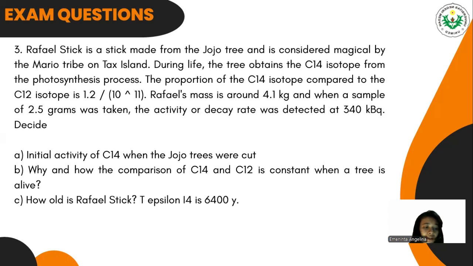B. Why and how the comparison of C-14 and C-12 is constant when a tree is alive. C. How old is Raphael's stick if the half-life of C-14 is 6,400 years. And like usual, first we write the given and ask from the problem. From the problem, we get the N of C-14 over N of C-12 is 1.2 over 10 to the power of 11.